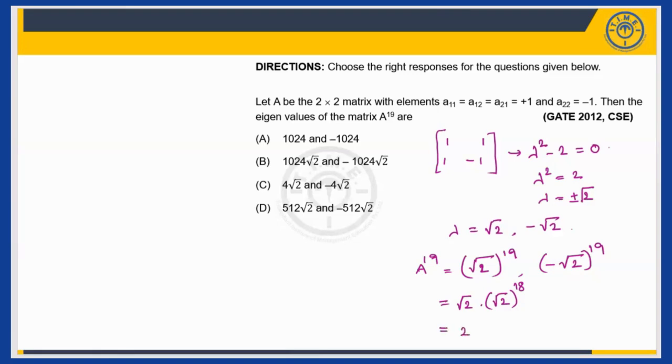So there is 2 to the power 9 into root 2, and again here negative 2 to the power 9 into root 2. So 2 to the power 9 is how much? 2 to the power 5 is 32, 2 to the power 6 is 64, 2 to the power 7 is 128, and so on, giving 512. Right, so that is option D.